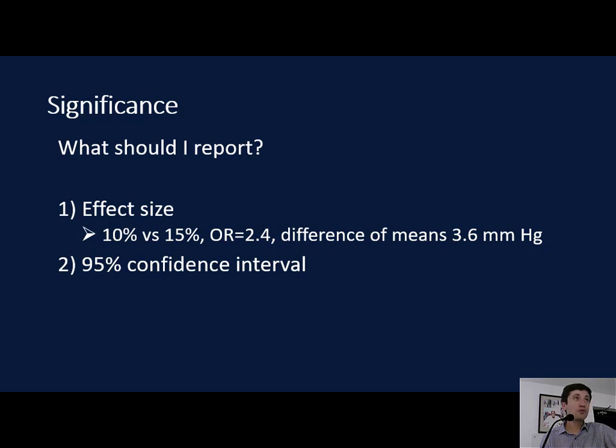We should usually report the 95% confidence interval. That gives us a sense of how sure we are about that value. We have an odds ratio of 2.4, but is the 95% confidence interval from 0.27 up to 35.6? Or is it from 2.2 to 2.6? We're much more confident if it's a tight confidence interval.